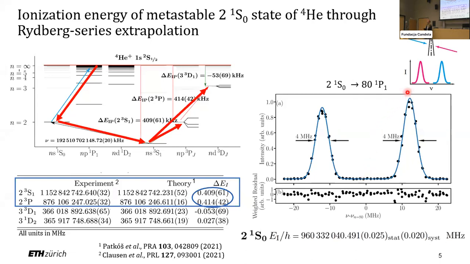Because the way we did the spectroscopy is we use a laser beam which is at a near right angle crossing the atomic beam, and then it was retroreflected such that the first order Doppler effect could be cancelled, as it can be found as the average of the two Doppler components, so that we can find the zero Doppler shift position. And our spectra have a line width of 4 megahertz, which resulted from Doppler broadening.